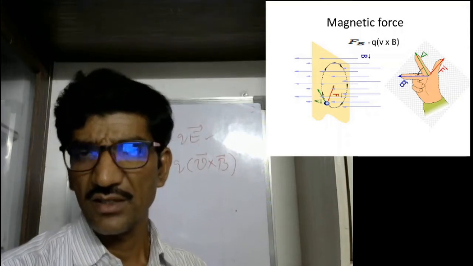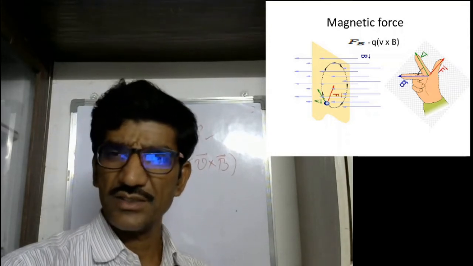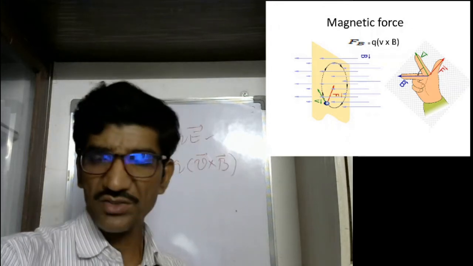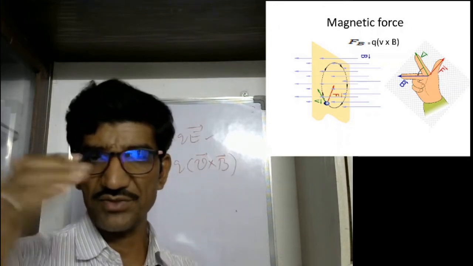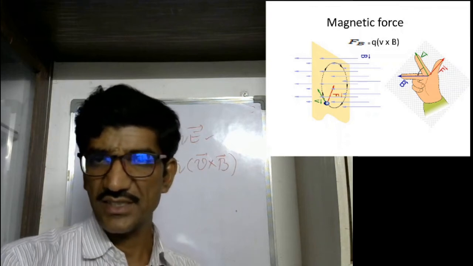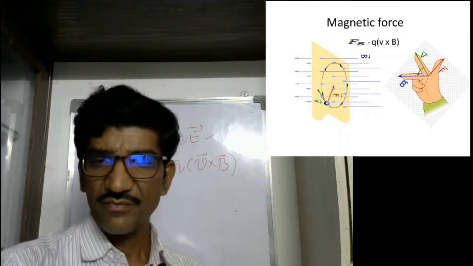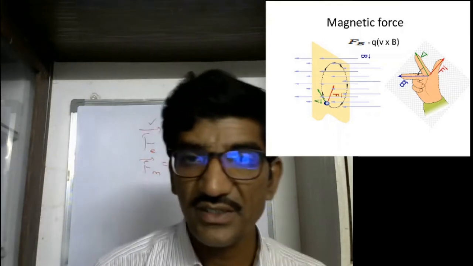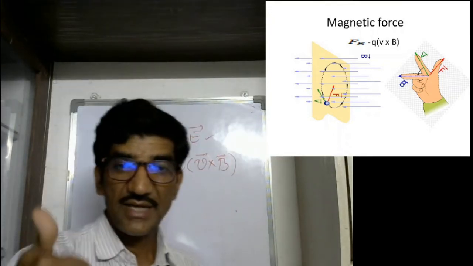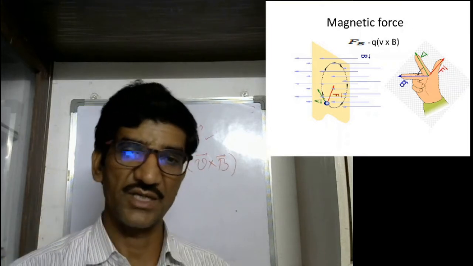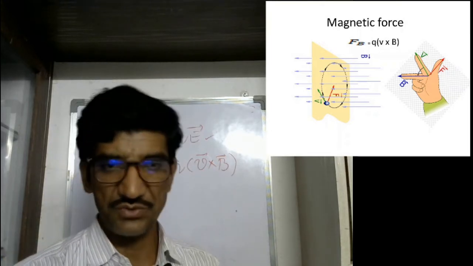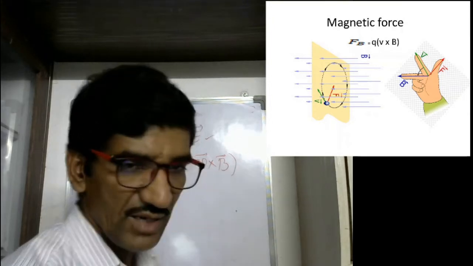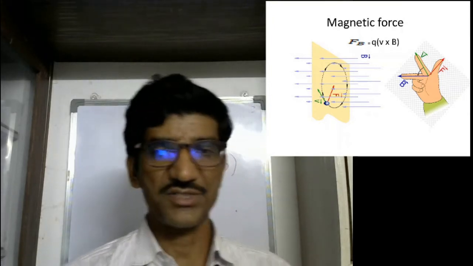You may bring the v vector onto the B vector by using your fingers, then the direction of thumb will be the direction of the physical quantity, which is the cross product of those two physical quantities, here V and B. In general we may apply this for any cross product.